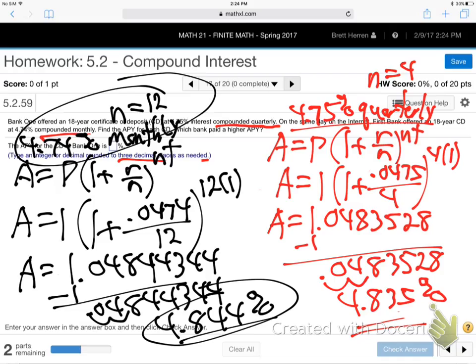And on the other one, the 4.75% quarterly, the real result after a year will be 4.835%. So the monthly one's doing a little better every year. They're pretty close. Does that make sense about annual percentage yield? It just shows you what really happens in a year. Again, they have to put this on loans and things like that to let you know what really happens in a year.